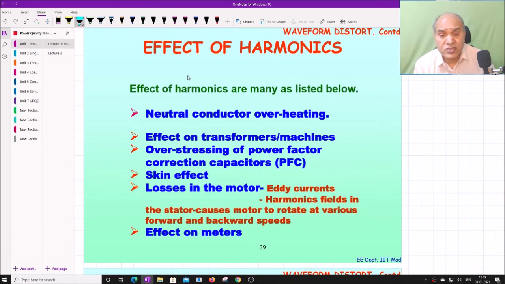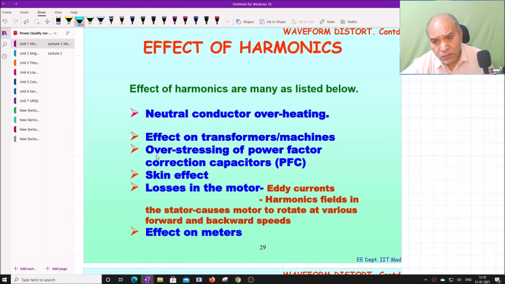And these are the consequences of the harmonics. An important consequence is basically the drawback of the presence of harmonics in the system. It results in a high rating neutral conductor, which causes overheating, effect on transformer and machines in terms of poor performance.